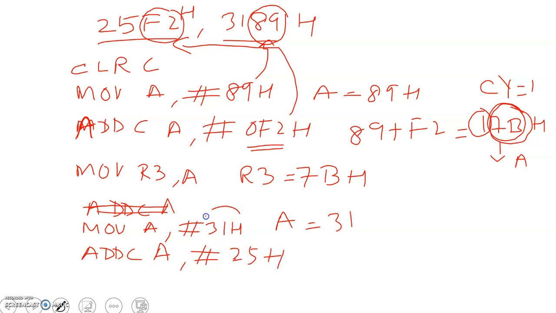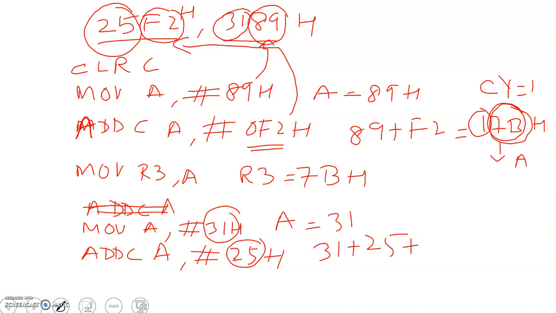Now just see, this 31 is the higher 8 bits of one of the 16-bit numbers. This 25 is again the higher 8 bits of the other 16-bit number. I am trying to add these two. So A will store the result of the addition of these two. 31 plus 25 will be added, plus a carry will also be added.